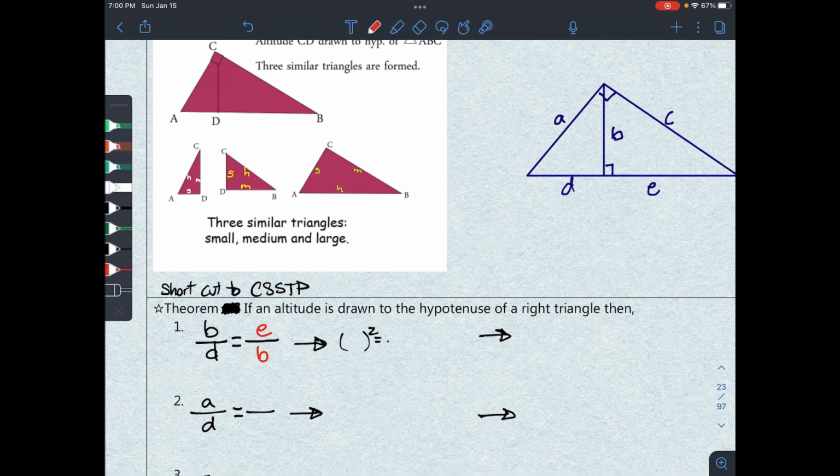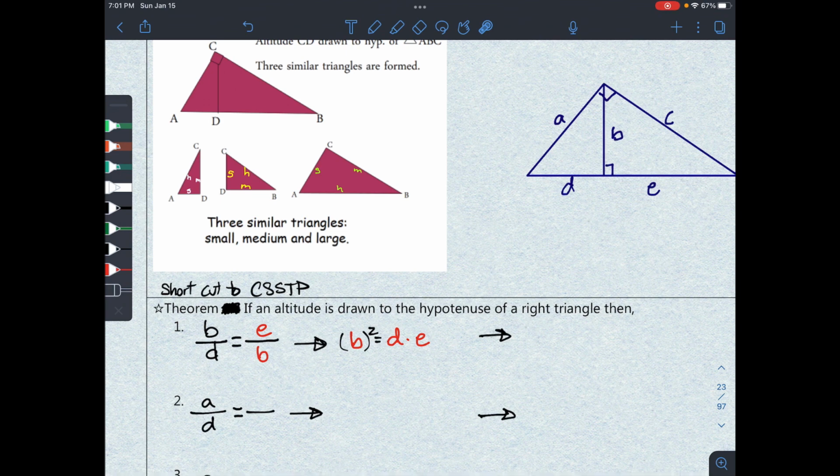That means if I cross multiply, and here's our first shortcut, B squared will equal D times E. Now notice how that looks back in the diagram. B squared is equal to D times E. There's a kind of symmetry there that's nice to see in the original diagram.